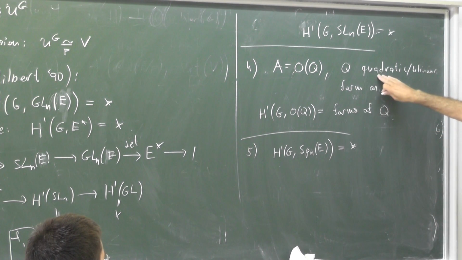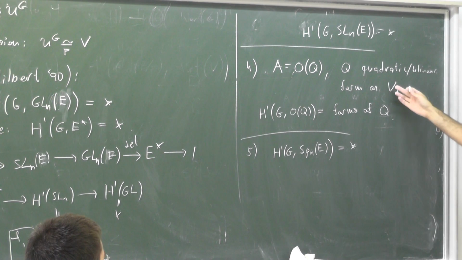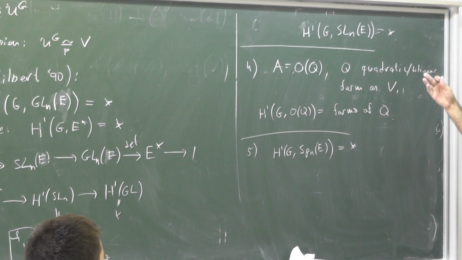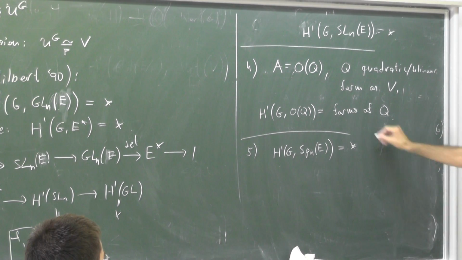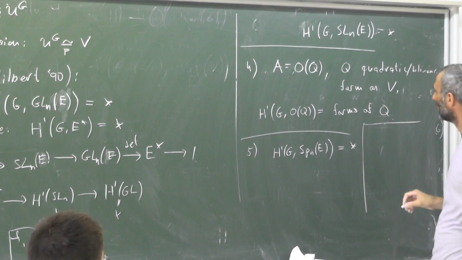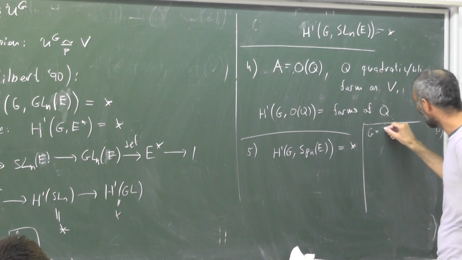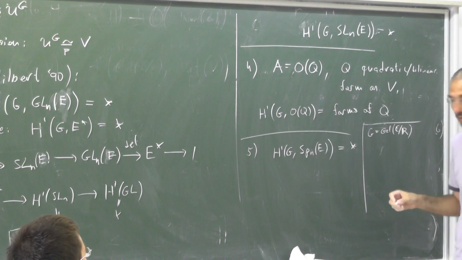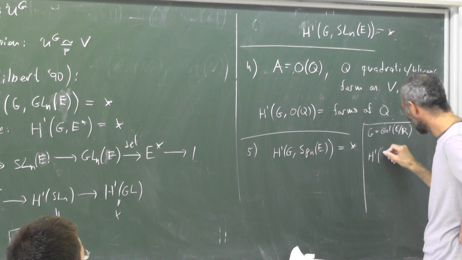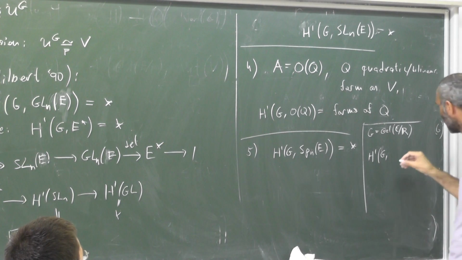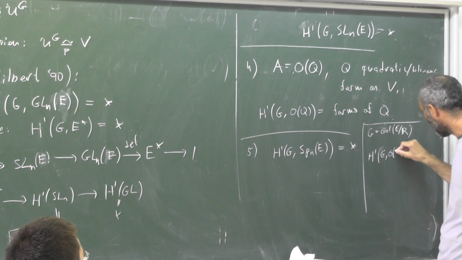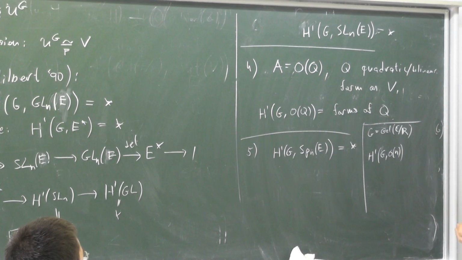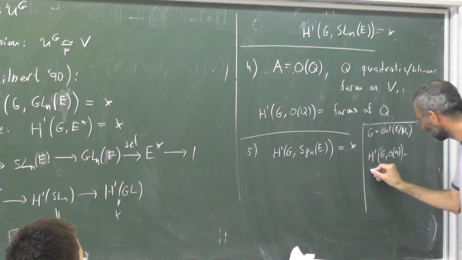Sometimes, if Q is a quadratic form or symmetric bilinear form, the question is how many forms there are. Maybe this third example: if G is the orthogonal group O(n) over R, then H1 of G is a set of signatures.